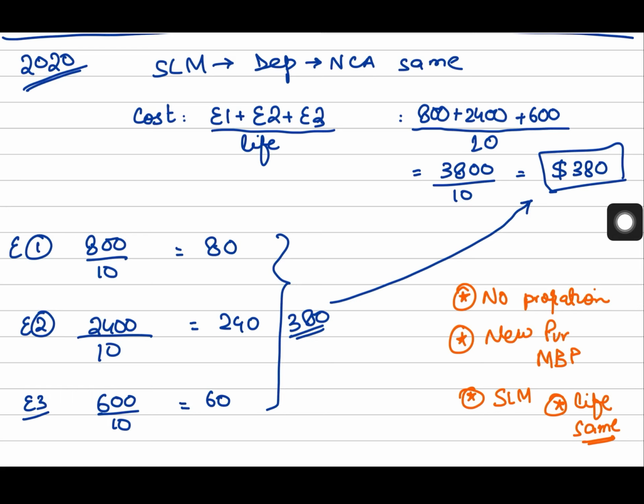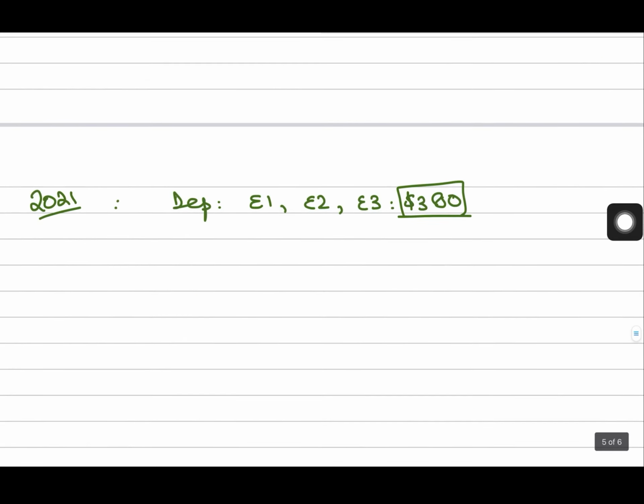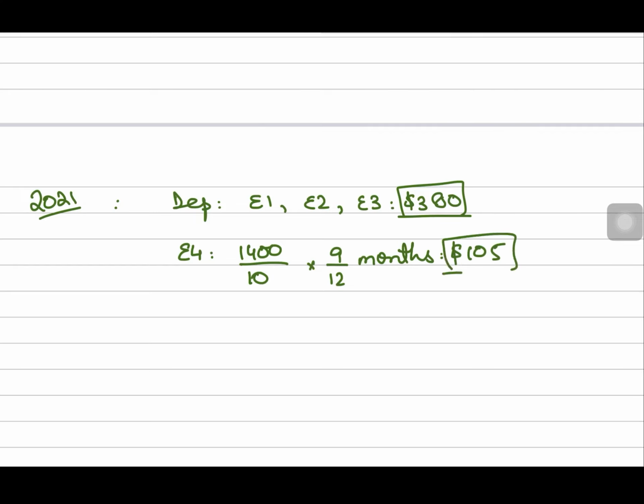And you just have to calculate depreciation on equipment number 4, for 9 months, the cost being 1400 divided by 10 years and multiplied by 9 divided by 12 months, which will give you a depreciation of 105. This is the depreciation charge on the new asset purchased just 9 months before the year end.